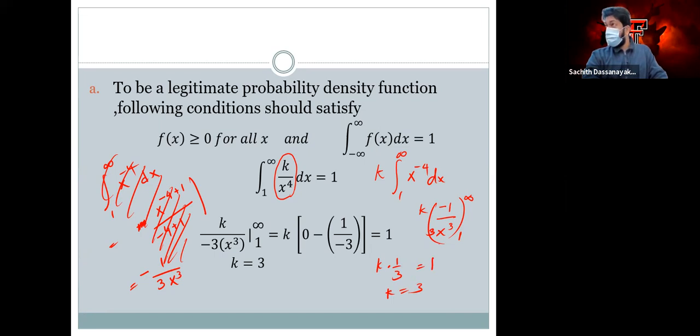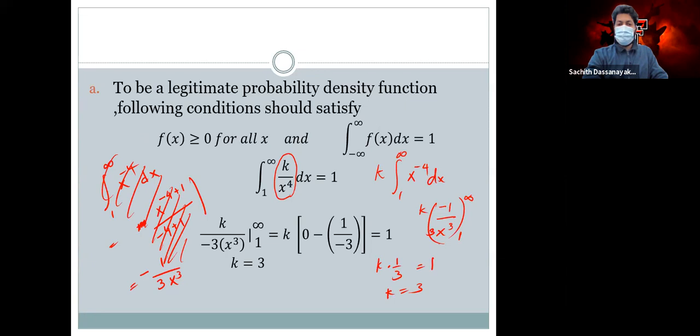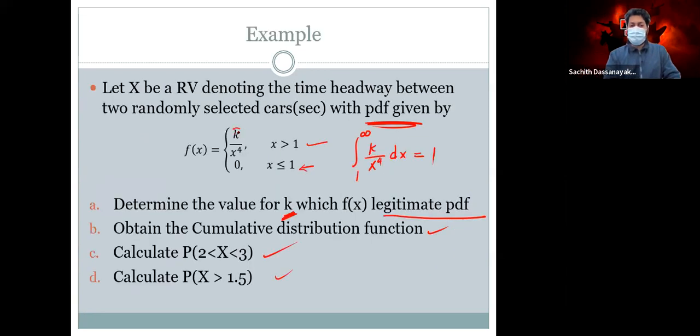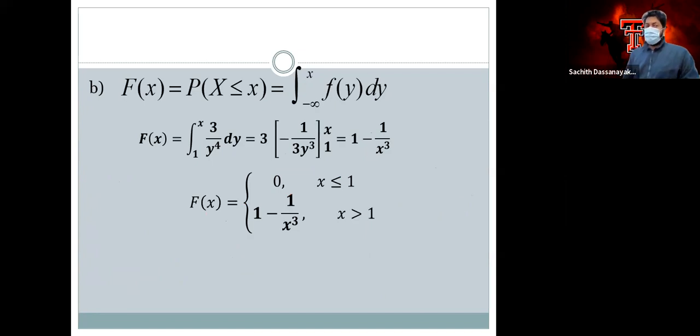Now you can write your PDF. You can replace k here, k equals 3. Now it's completed, you have the complete PDF. Now we need to find the probability.